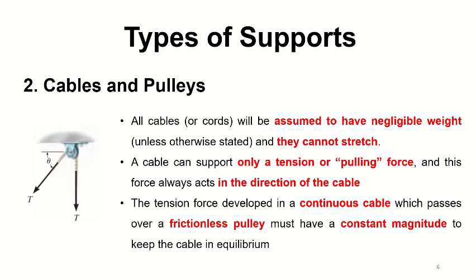A cable can support only a tension or pulling force, and this always acts in the direction of the cable. So if we take a cable, it only has tension forces like this. There is no compression.